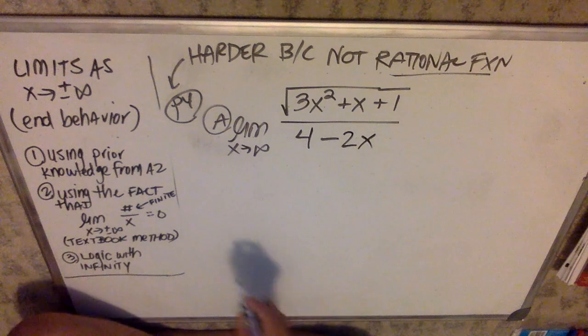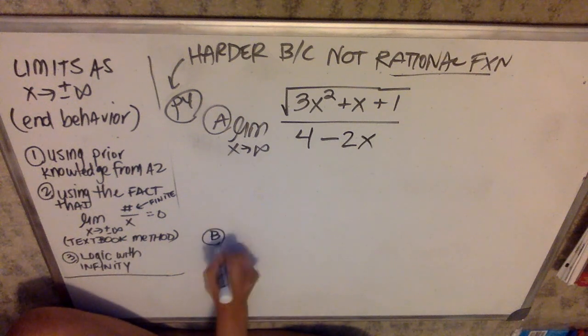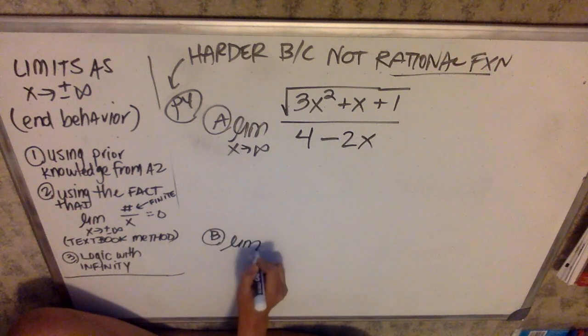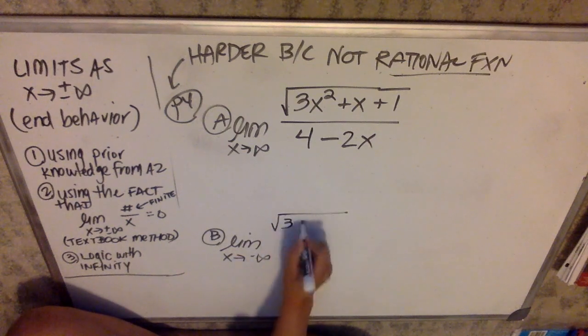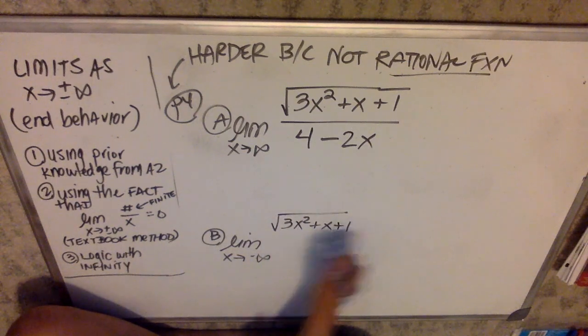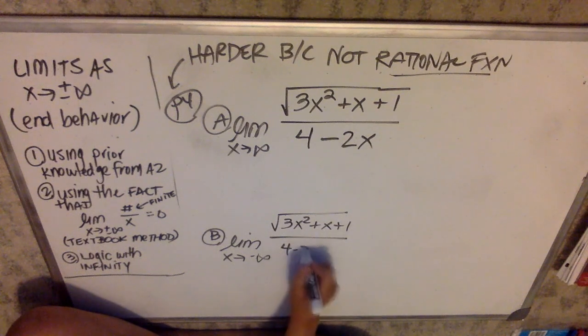All right, and then we're going to do the same thing in the other direction, right? So we're going to do the limit as x approaches negative infinity of this root 3x squared plus x plus 1 all over a 4 minus 2x.